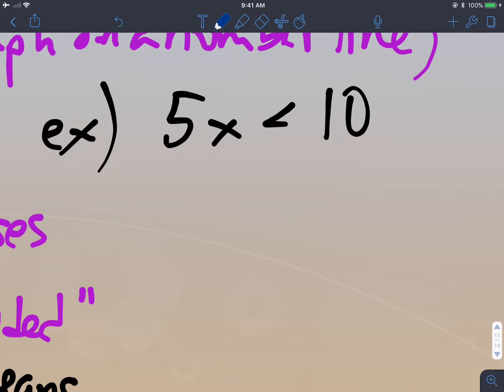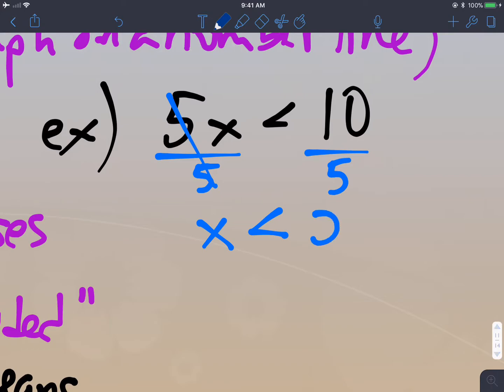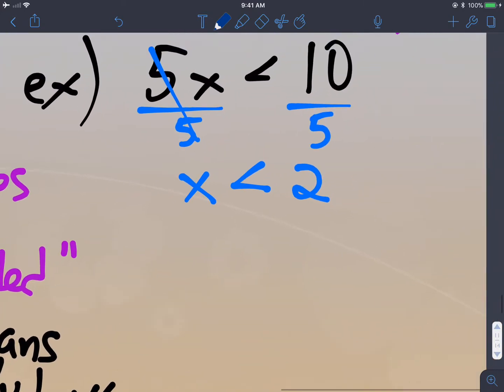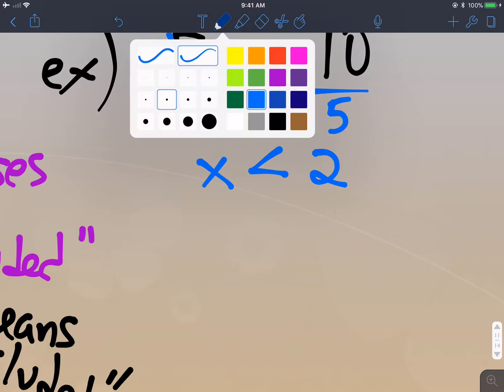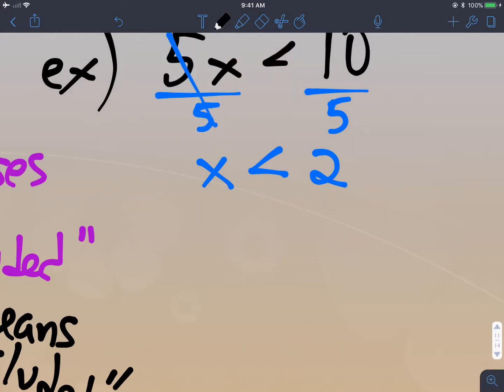Number 1, solve it. X is less than 10 divided by 5, which is 2. Okay, interval notation. Maybe I'll flip it.